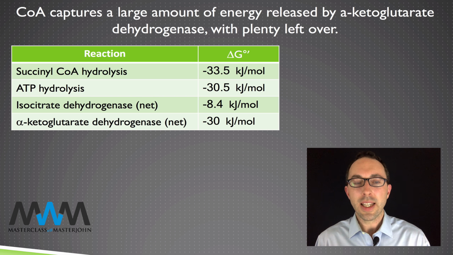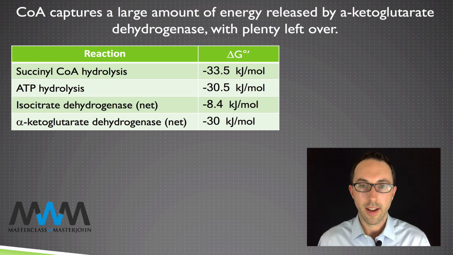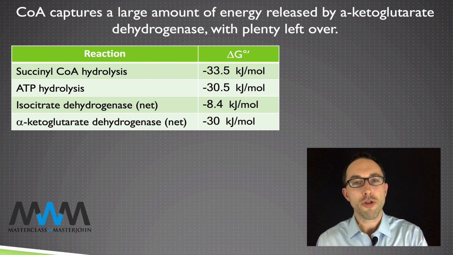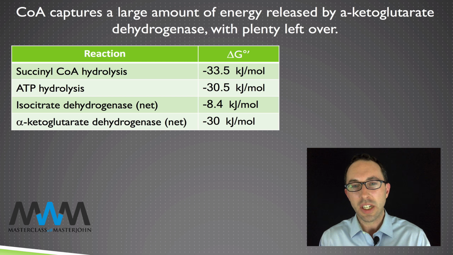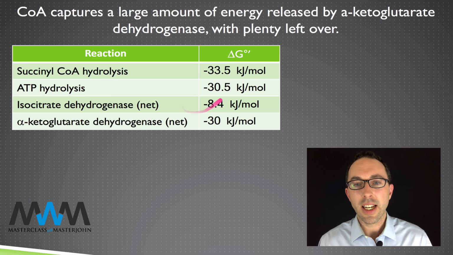Another way to look at this is in the net delta Gs for the reactions of isocitrate dehydrogenase, which did not produce an acyl CoA during its decarboxylation reaction, versus the net delta G of alpha-ketoglutarate dehydrogenase, which did. The net delta G for isocitrate dehydrogenase, meaning the energy left over after doing everything that isocitrate dehydrogenase did, is negative 8.4 kilojoules per mole.